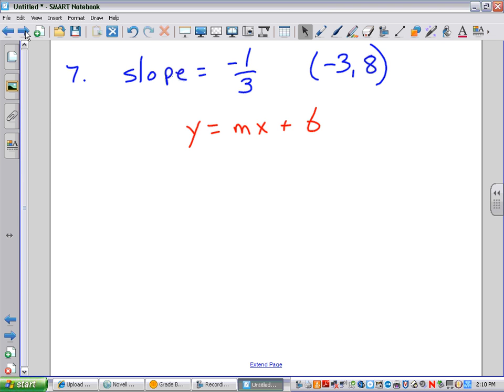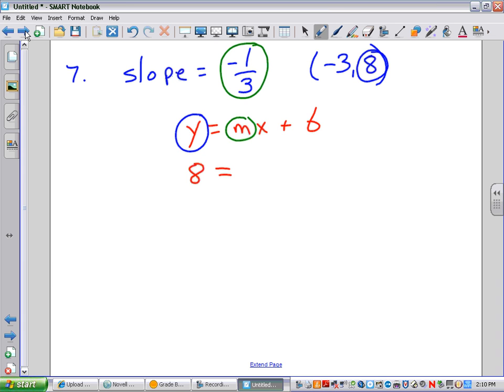So, we need to substitute. In place of this y, I put the y coordinate, which is 8. So I would write, I'd start off, 8 equals. In place of m, I would substitute -1/3.